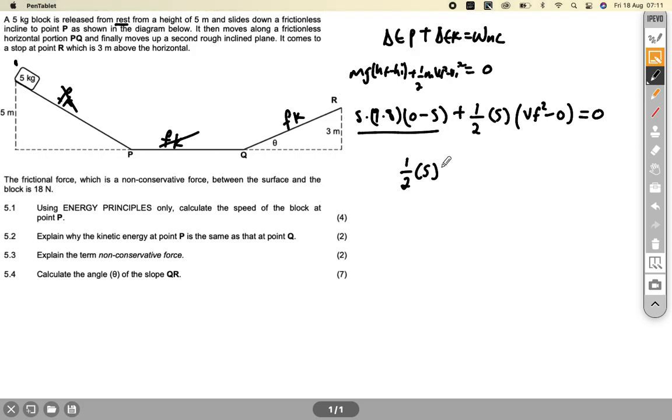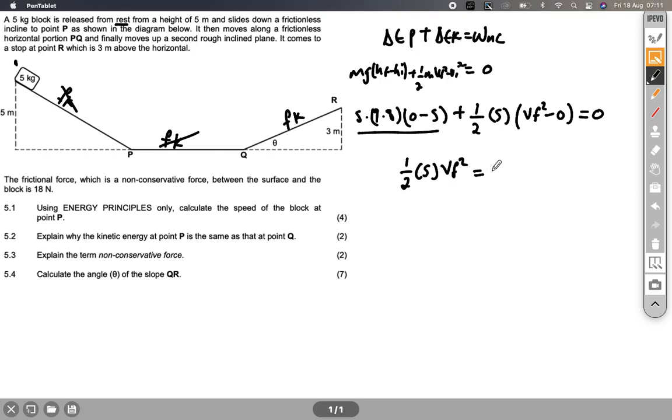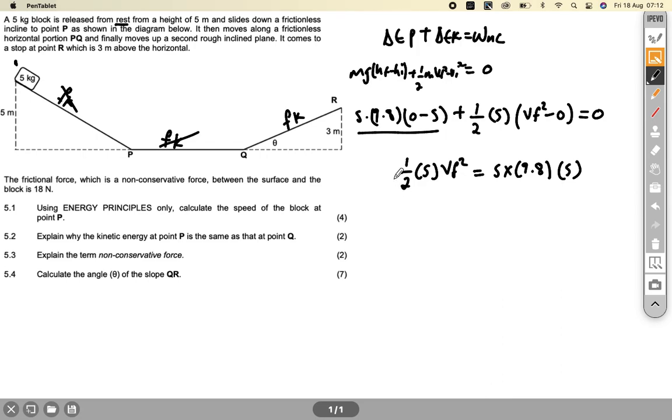And then you'd say 1 over 2 times 5 v final squared is equal to, so due to this 5 here, it would be negative. So if you transpose it this side, it's going to be positive. So this means you're going to have 5 times 9.8 times 5. And then you just divide both sides by 5 and multiply by 2.